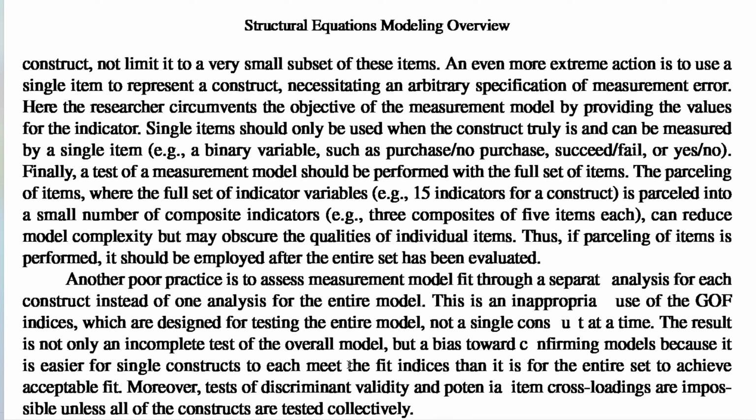The result is not only an incomplete test of the overall model but a bias toward a conforming model, because it is easier for a single construct to meet the fit indices than it is for the entire set to achieve acceptable fit. Moreover, tests of discriminant validity and potential item cross-loadings are impossible unless all of the constructs are tested collectively.